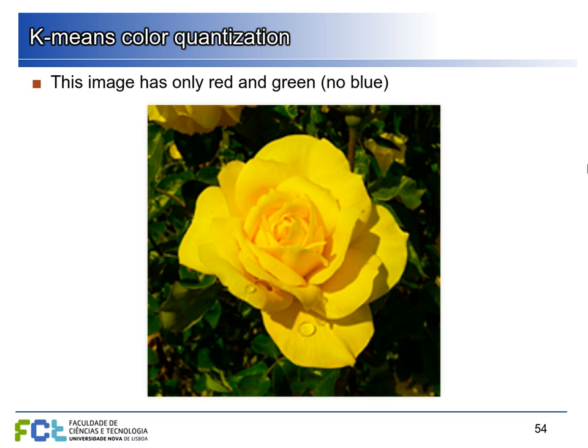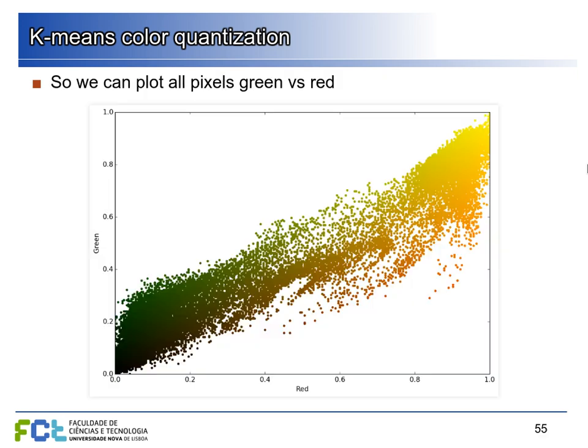The good thing about this image for this kind of demonstration is that it doesn't have a blue channel. So it only has mixtures of red and green. So we can represent the pixels of this image in a two-dimensional chart by representing the value of the red channel and the green channel, and these are the pixels in the image.